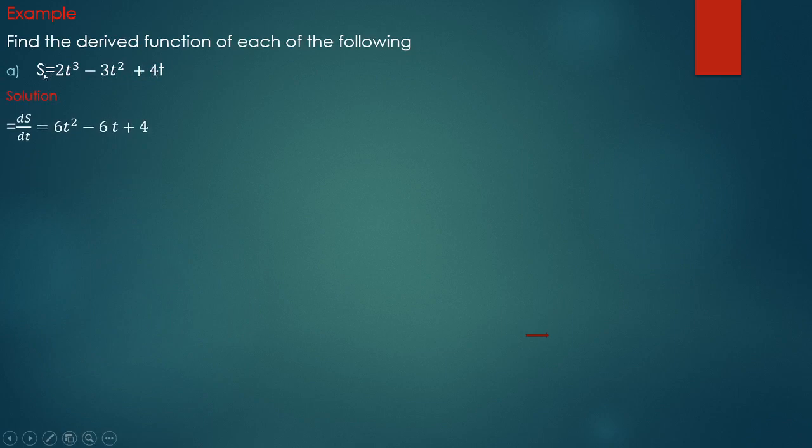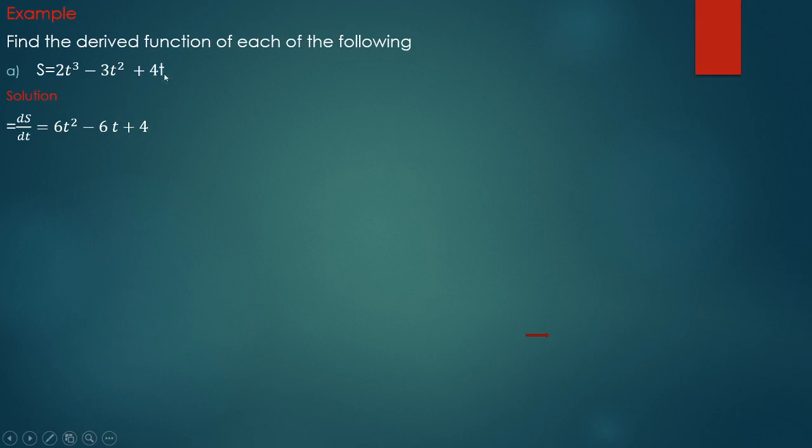Now we are using letters s and t, and therefore we shall write ds all over dt. ds all over dt equals this times this one, like we said, it becomes 6t, and the power reduces by 1, 3 minus 1, it becomes 6t squared minus, this is 3 times 2, which is also 6t, the power reduces by 1, which becomes t power 1, which is the same as t, so it is 6t.